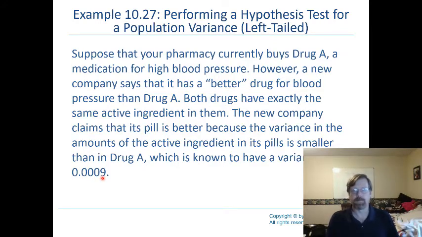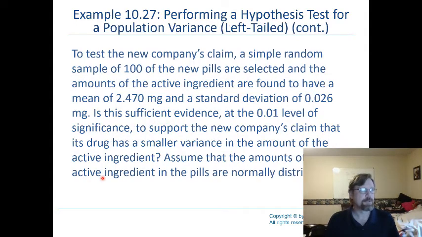So what we're claiming then, what company B is claiming, is that their variance is less than 0.0009. So this is going to be a left-tailed test, right? We want less than 0.0009. So we've done a simple random sample of 100 pills from the new company, measured the amount of active ingredients.